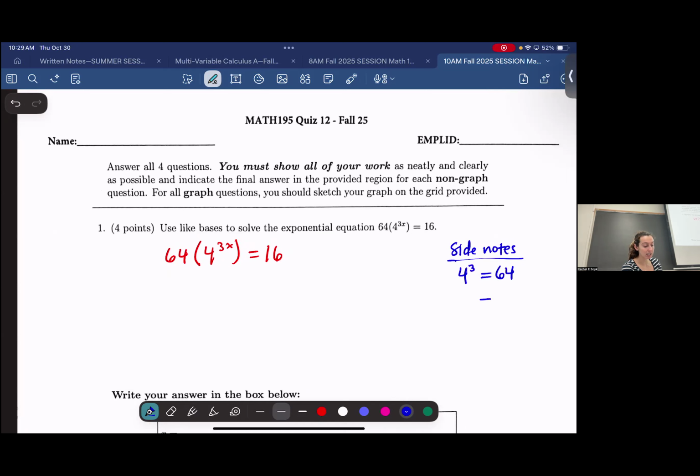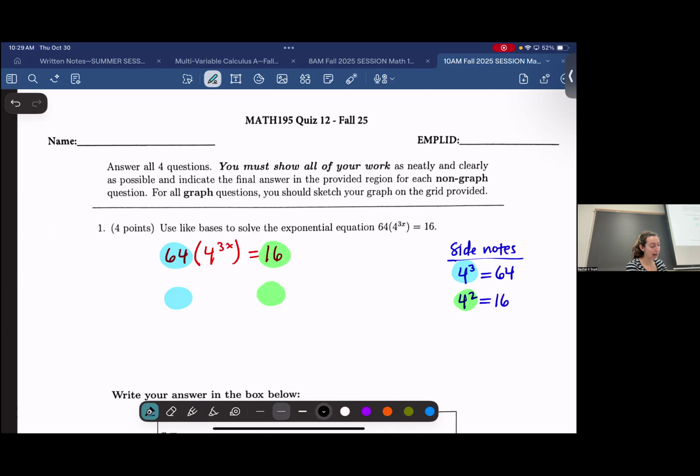And 16 is the same as 4 raised to the second. Good. So wherever we see a 16, we're going to go ahead and replace it with 4 to the second. And wherever we see a 64, we're going to go ahead and replace that with 4 to the third.